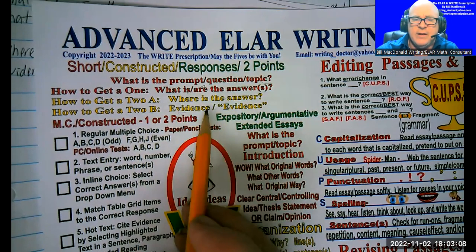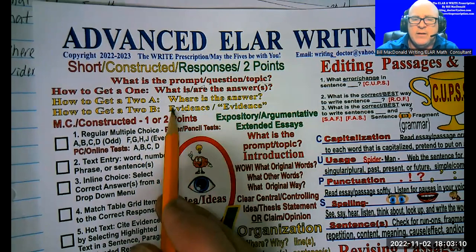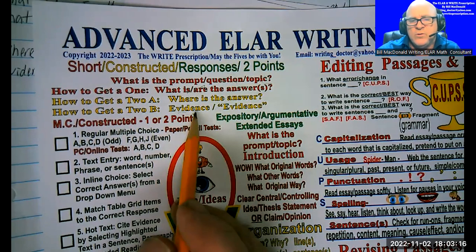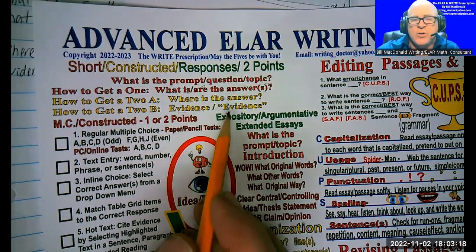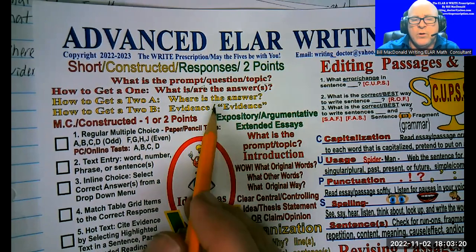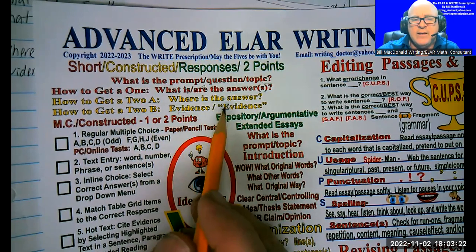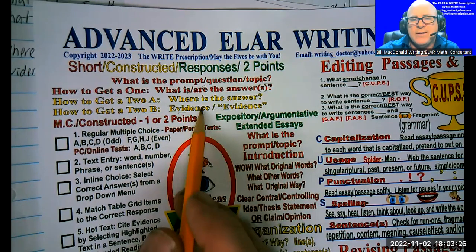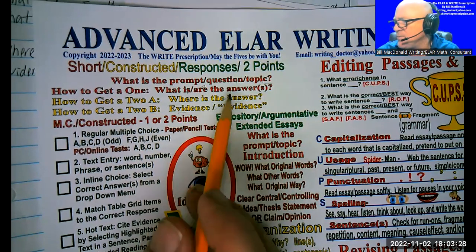And again, I show in my plan that the state does not care whether you use quotations or not. You can paraphrase, you can use the exact words, and you can have quotes or not, as long as they see that the evidence is there that supports your answer and also responds to the topic.